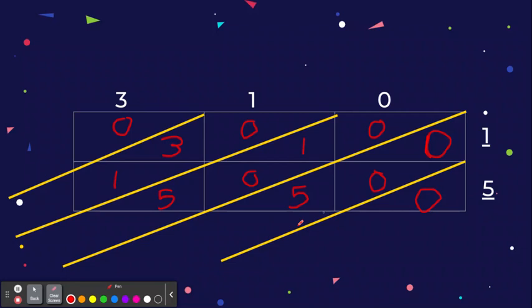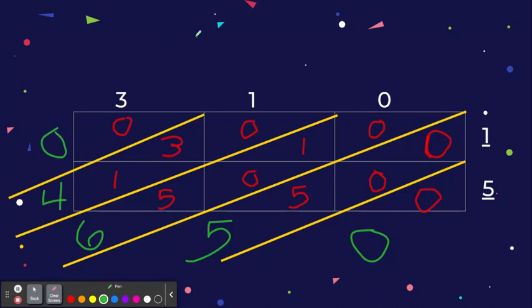Now let's add those driveways together. I'm going to change my color here. Let's make it green. 0 plus 0 is 0. 0 plus 0 is 0. Plus 5 is 5. 0 plus 1 is 1. Plus 0 is still 1. Plus 5 is 6. And 0 plus 3 is 3. Plus 1 is 4. And 0 plus nothing is 0.